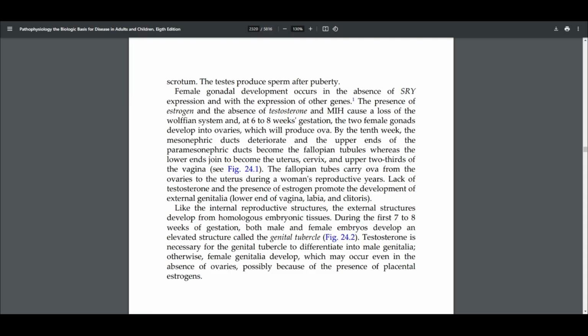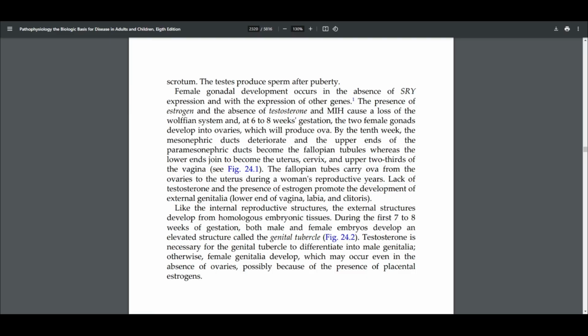By the 10th week, the mesonephric ducts deteriorate, and the upper ends of the paramesonephric ducts become the fallopian tubes, whereas the lower ends join to become the uterus, cervix, and upper two-thirds of the vagina. The fallopian tubes carry ova from the ovaries to the uterus during a woman's reproductive years.